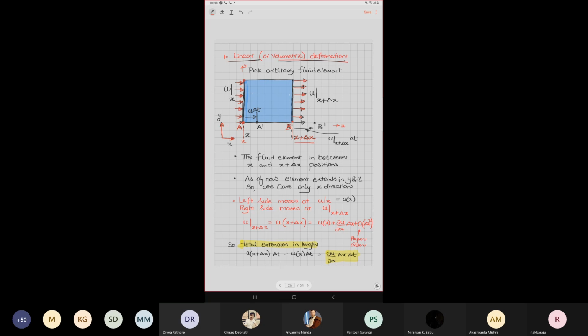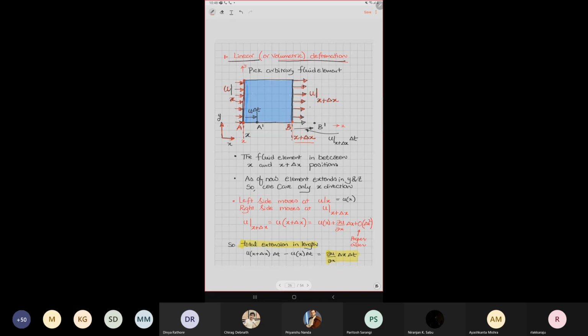If there is a variation, it will get translated and also elongated. That is the kind of configuration I would like to look at. Especially in fluid mechanics, in Eulerian fields, the way we describe it is velocity at a location x and velocity at a location x plus delta x connected by Taylor series.